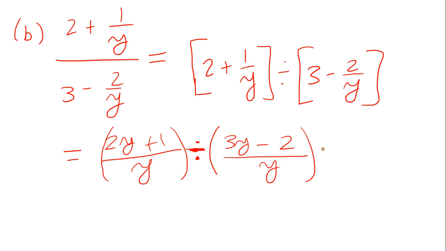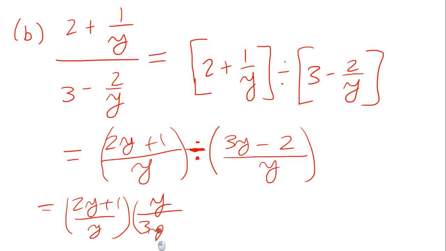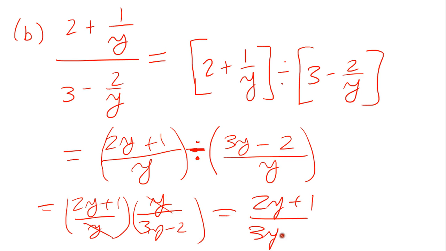So basically that is going to be 2y plus 1 over y, all times y over 3y minus 2. Y divided by y is 1, so I'm left with 2y plus 1 over 3y minus 2. And that's all there is to that.